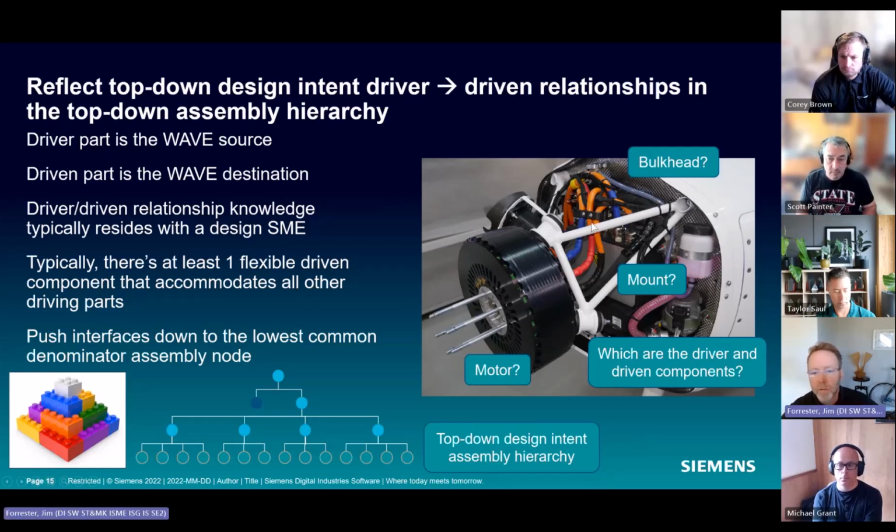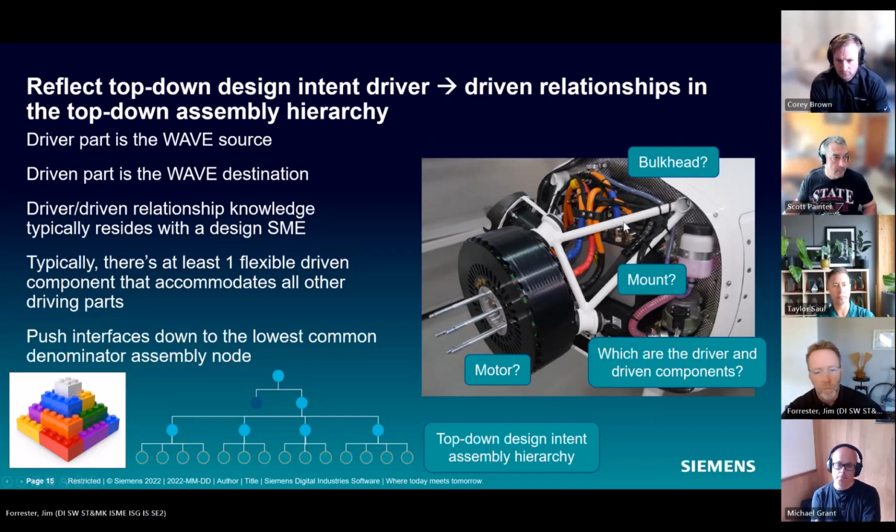So here's an example of an electric plane that has a bulkhead, a motor, and a motor mount. Which is the driver part? Which is the driven part? It depends.